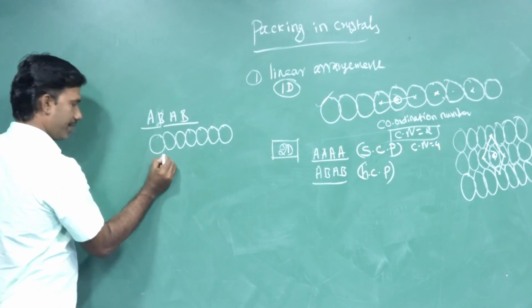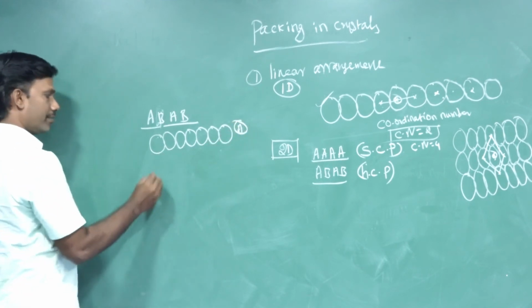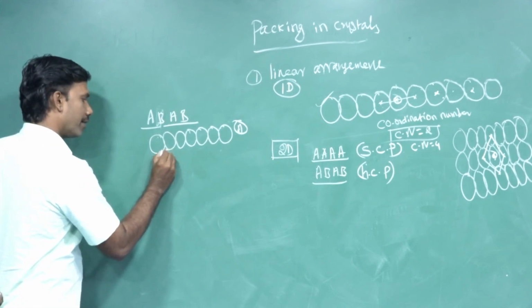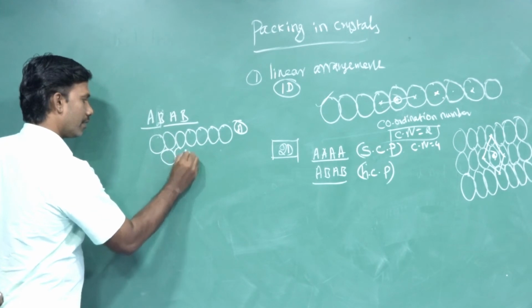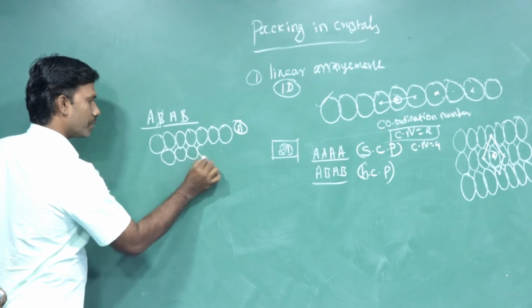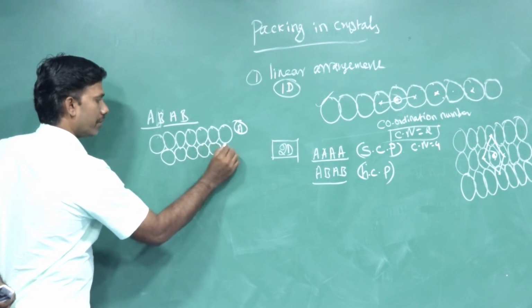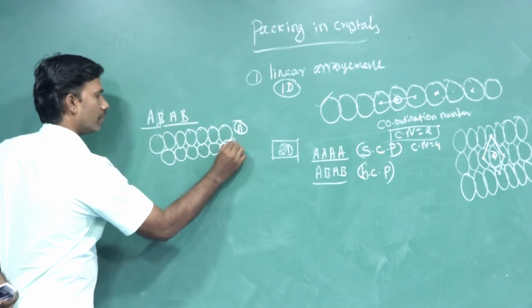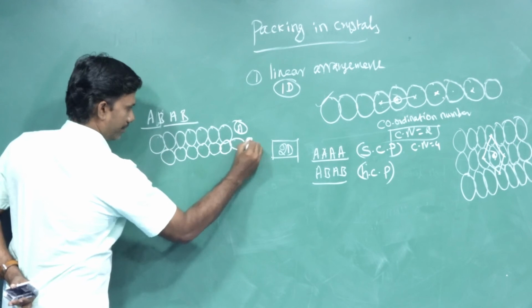In the second, the linear arrangement is repeated, but you start in between these two, in between these two, in between these two. You go like this. Then this is the B type arrangement.